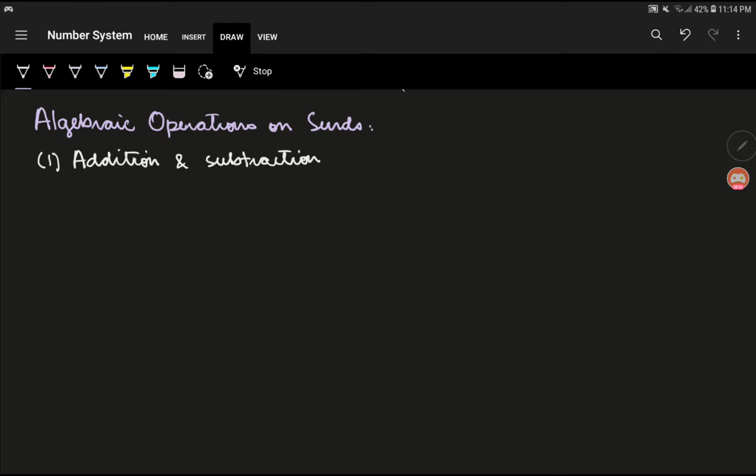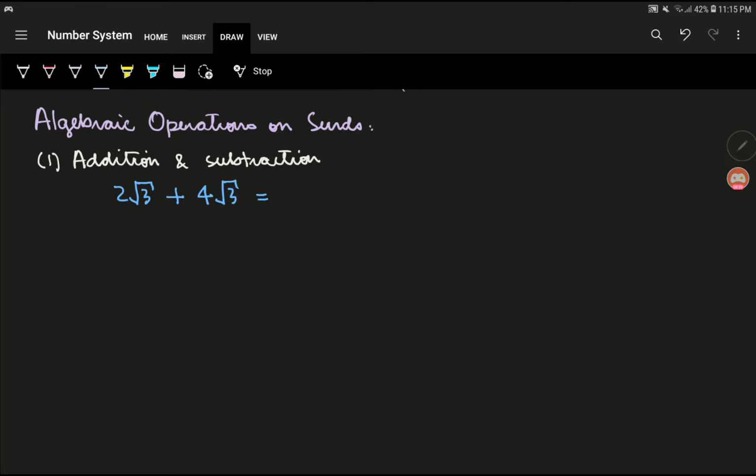For addition and subtraction, surds of the same kind can be combined by addition and subtraction. What I mean by surds of the same kind is, for example, we have 2 surd 3 plus 4 surd 3.